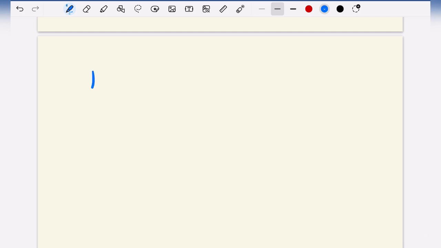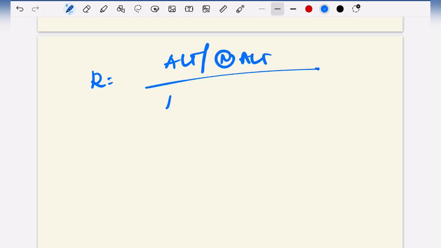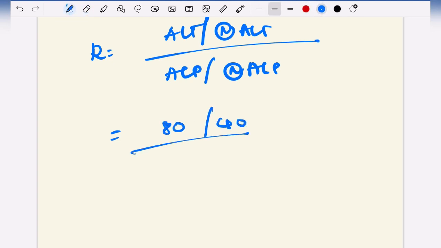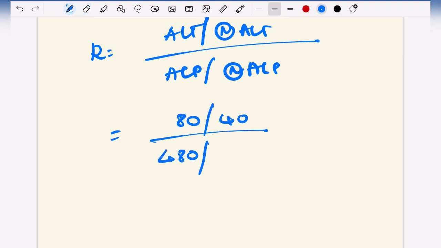So let's write down the formula of R factor. R factor is calculated by patient's ALT divided by normal ALT, whole divided by patient's ALP divided by normal ALP. If you apply this formula, the patient's ALT here is 80, normal is 40, patient's ALP is 480, normal is 120.